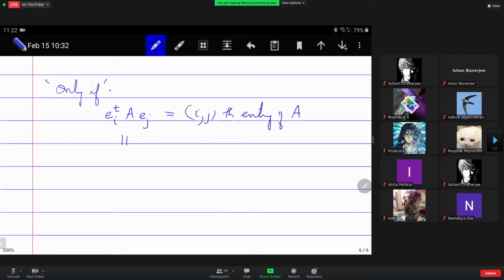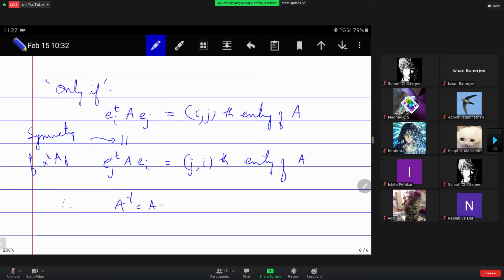On the other hand, by symmetry of the form, I mean, symmetry of the form X transpose A Y, this is the jith entry of A. And these are the same. Therefore, A transpose is equal to A. Okay. So this is the proof of one.